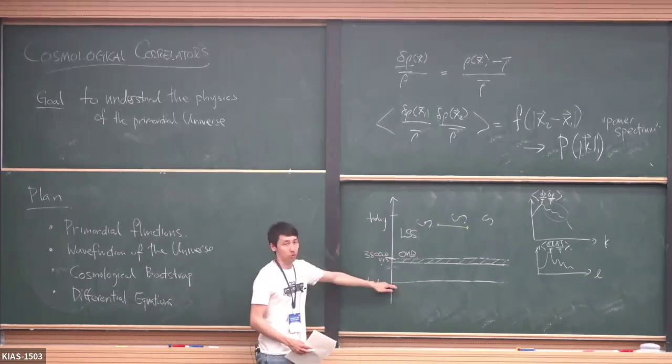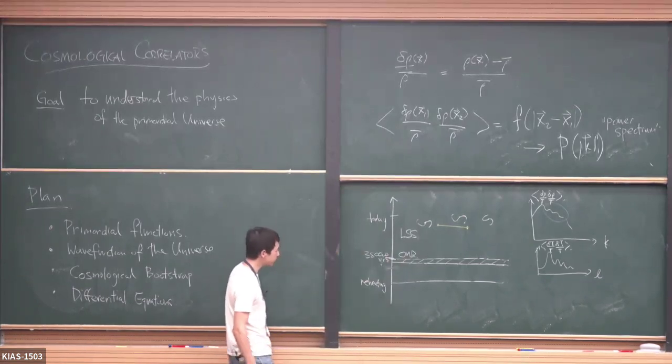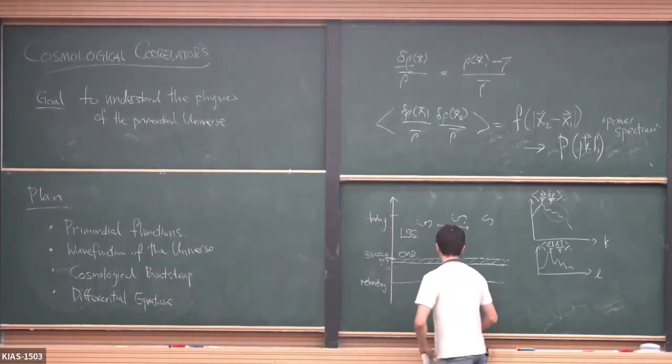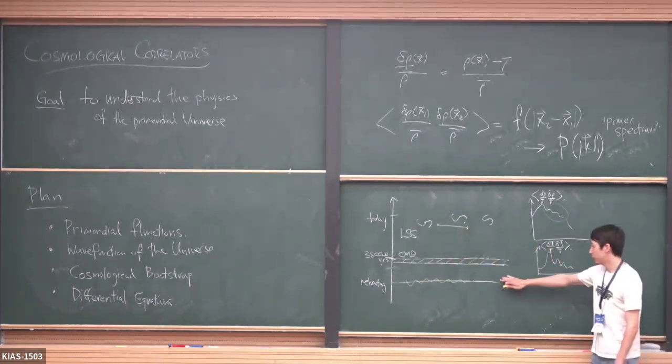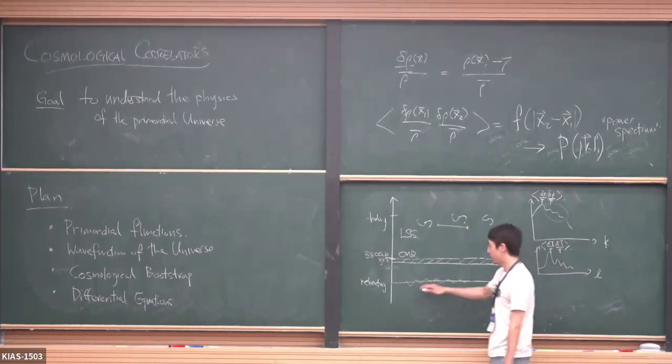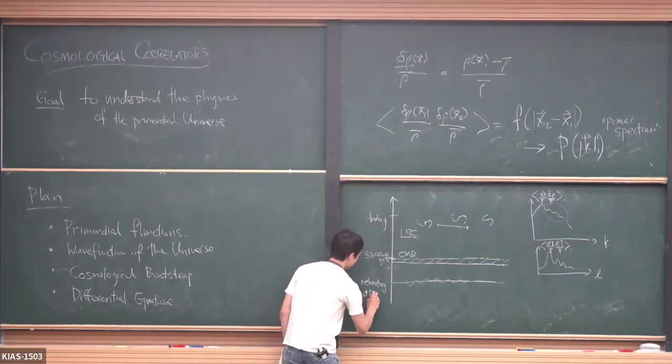You can think of this surface as encoding the initial condition for all the structures that form in the late universe. So there exists some fluctuation in this initial surface, and you can think of this surface as the beginning of the hot Big Bang.